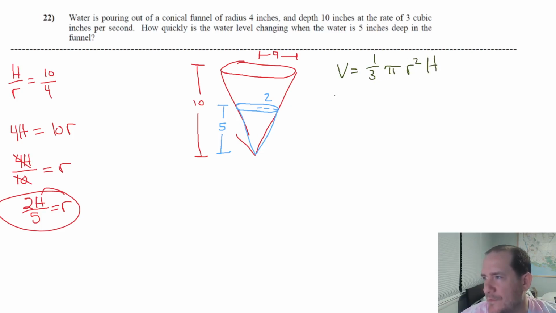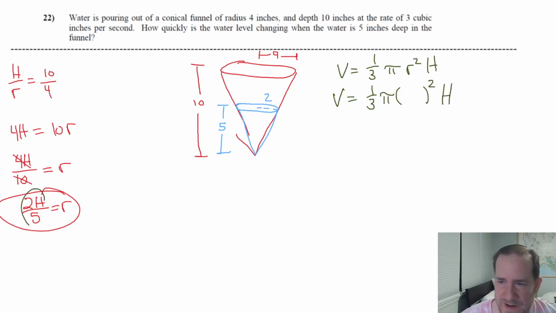But like I said, we're immediately going to get rid of r by replacing it with an expression containing h, so the 2/5 h goes right in. And now we're all h's all the time. So what is this? 4/25, aka 4/75 times pi times an h that is cubed.